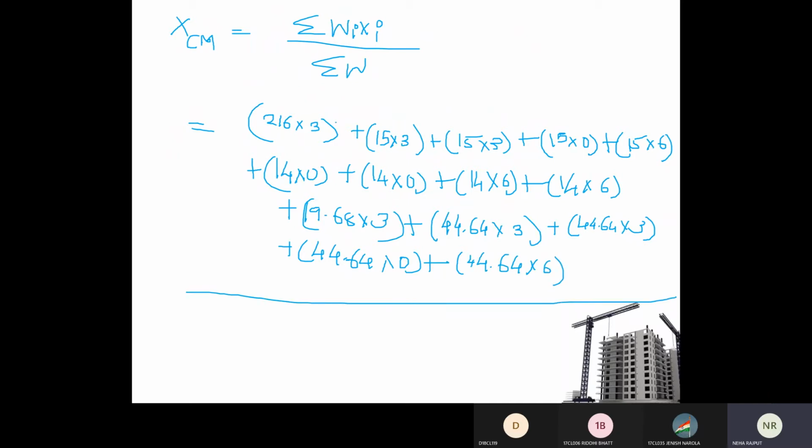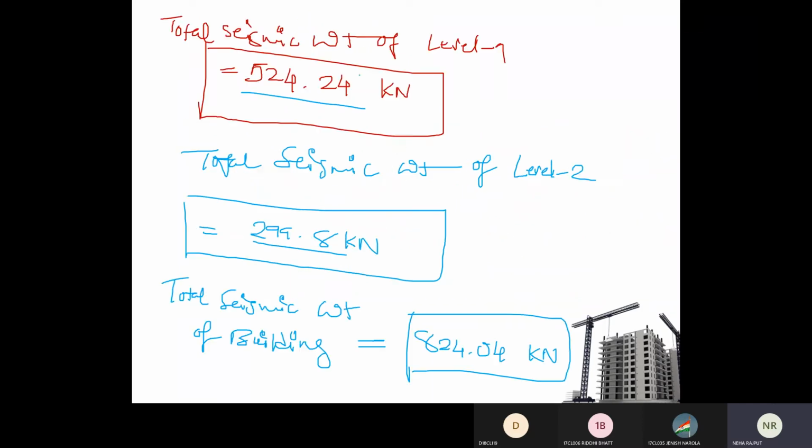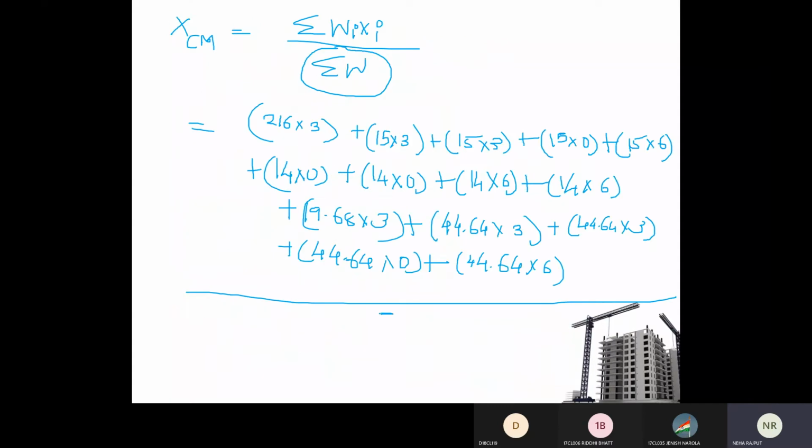And this whole is divided by the total weight of that floor. So the total weight of that floor is 524.24. Now check what you are getting for the x center of mass. You must get a 3 meter answer.